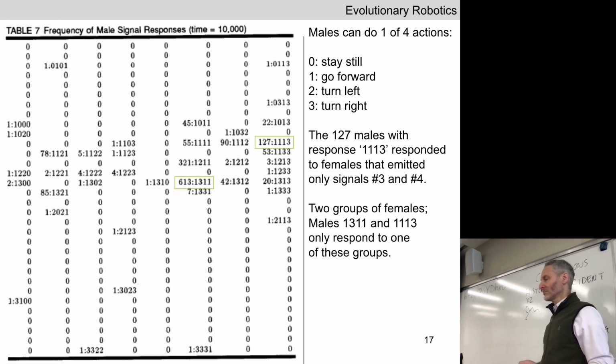They've evolved kind of similarly to the 613, except they've used the 4th song as the turn right. We've got a competing conventions thing going on. There's this growing number of groups of males that change what they do based on the 4th song. And there's a very large group of males that's been around for a while now that changes what they do, or at least they suppress their default behavior, which is to go forward, when they hear the 2nd song.